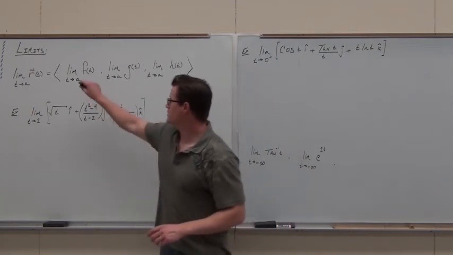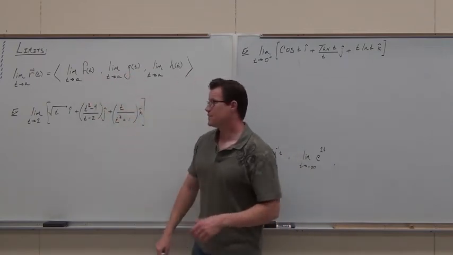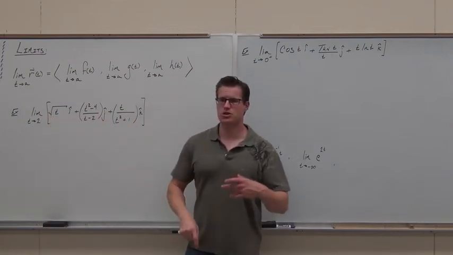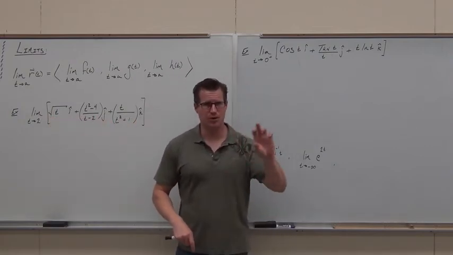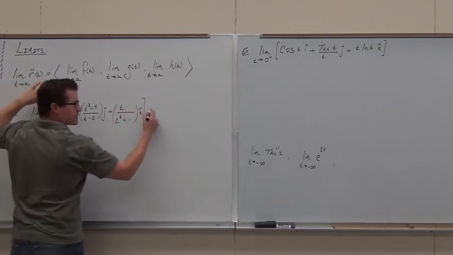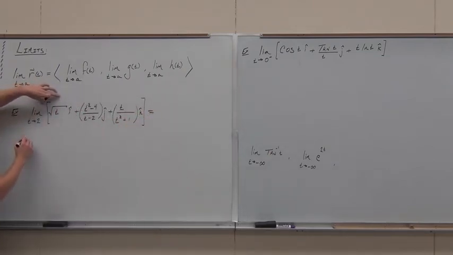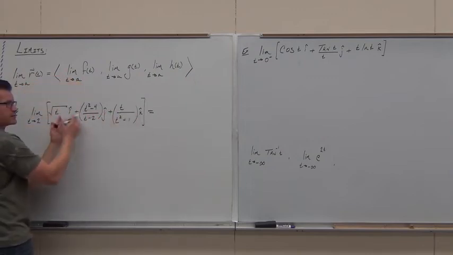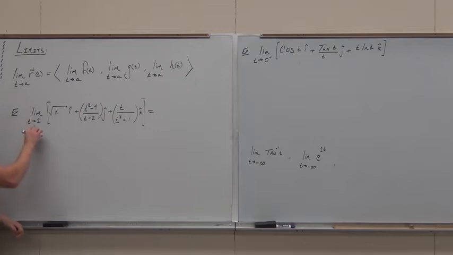Now, even though you can do these independently and just put them down, typically what I like to do is do the limit of each individual one, because you're going to do different things for each component. For instance, if I want to find the limit of this, verify it's a vector function for sure. It's got vector notation. It's got some t's in there, t's approaching a number.